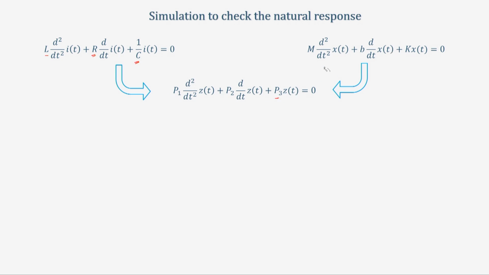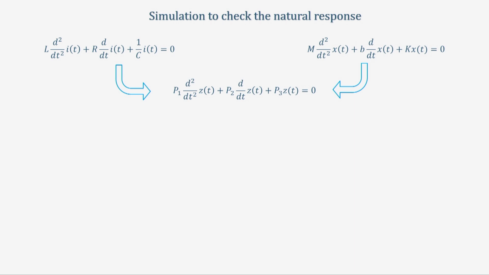So, if I solve this equation, whatever final solution I get, I will just have to take the physical interpretation. If I am an electrical engineer working in electrical circuits, the physical interpretation will be of an RLC circuit, and if you are a mechanical engineer working with a mass spring damper system, then the physical interpretation of the solution will be in terms of the mass spring damper system.